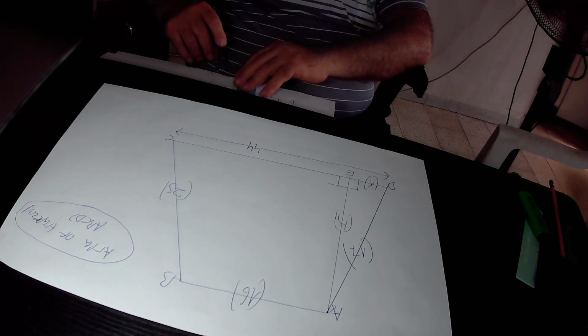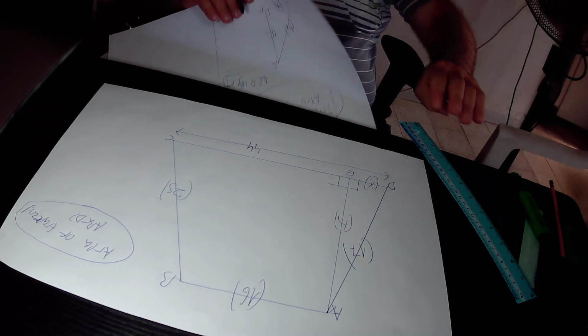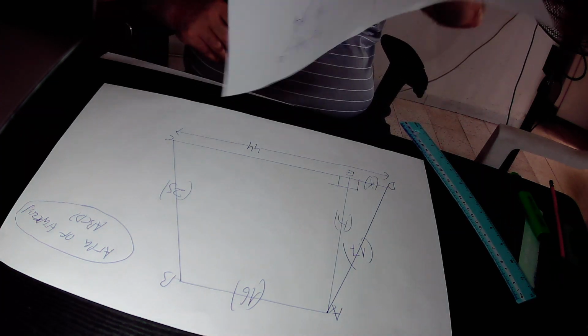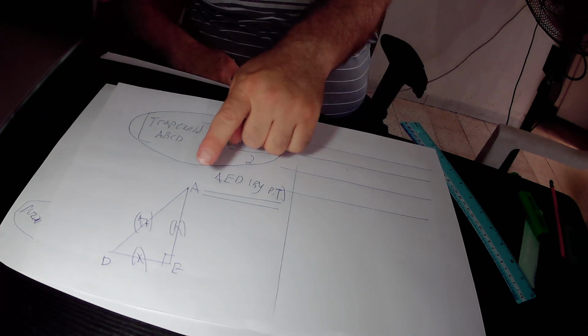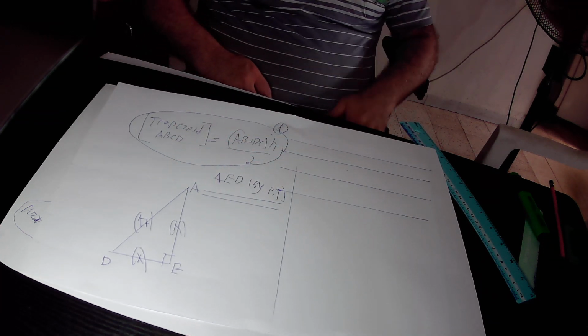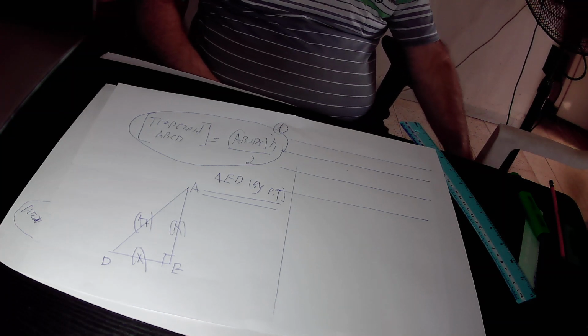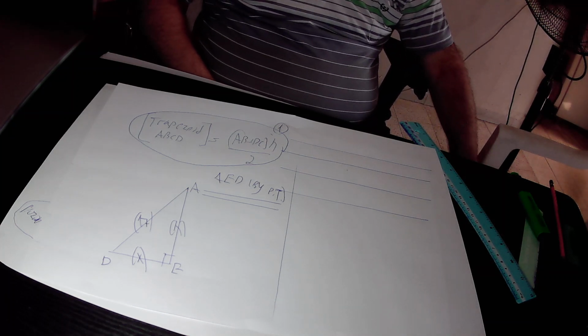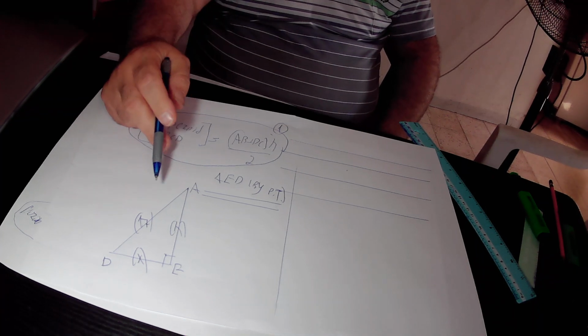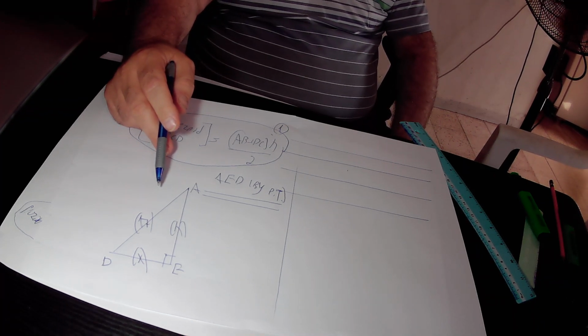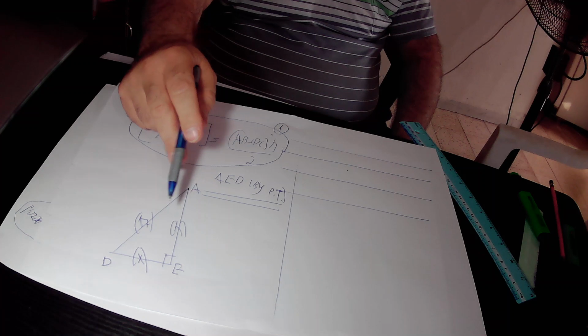So actually, this is the right triangle AED that I got from the original drawing. According to the Pythagoras theorem, in this right triangle AED, AD squared, that is the square of the hypotenuse, equals AE squared plus ED squared.